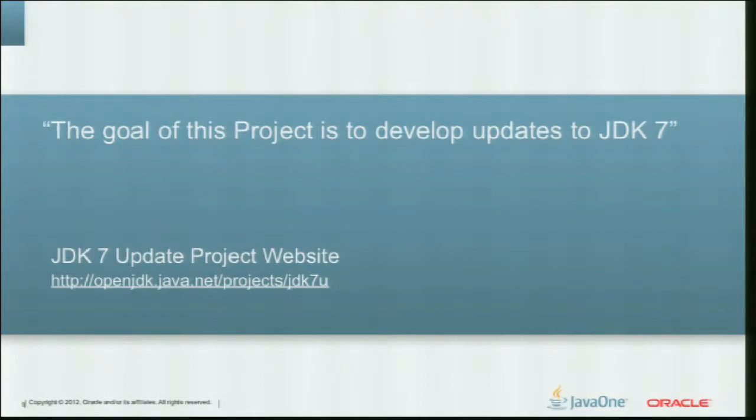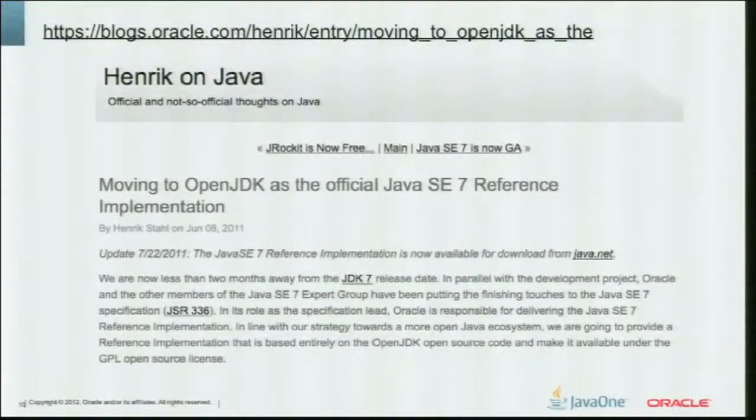Now you may be thinking, all right, so wait, didn't you guys have a JDK 7 project that went on forever and then made a JDK 7? I mean, what happened here? I'll tell you. So back last year in June, Henrik Stahl, who's in the product management team responsible for Java SE, among other things, announced that we are moving to OpenJDK as the official Java SE 7 reference implementation.